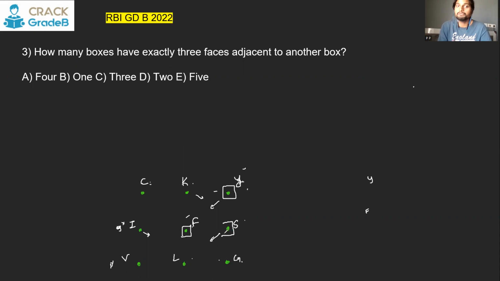These are the boxes which have 3 faces facing other boxes, and one will be outside. So that means these 4, they are at the center of each side. K, S, L, I, those are the boxes which have 3 faces facing another box. So the option will be 4.